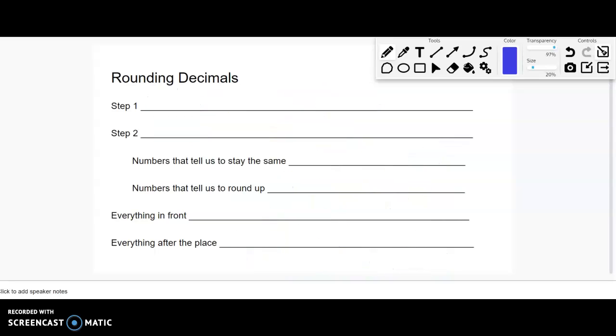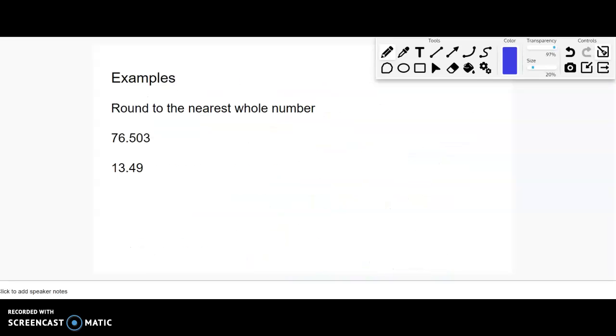Let's do some examples. So these ones we're going to round to the nearest whole number. So we're trying to say what whole number is this decimal close to. So I know I have a whole 76 with a part. So does that part push it up to 77 or do I stay at 76? Well, if I underline the ones place, my 6, next door I have a 5.